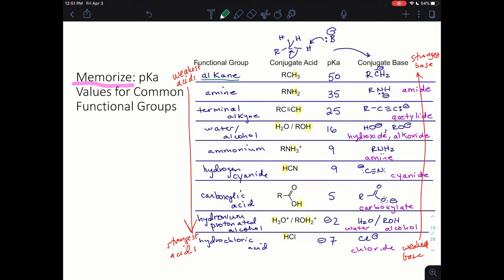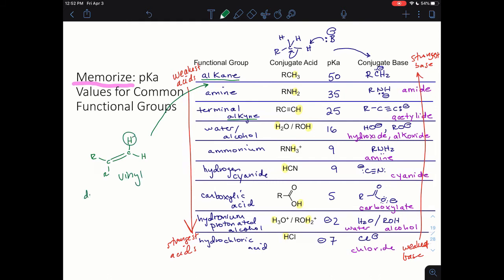If you notice, we have the alkane, we have a terminal alkyne, we don't have alkenes. So alkenes have a pKa pretty similar to alkanes. I'll go ahead and show you that. So we would call these hydrogens that I'm drawing in right now vinyl hydrogens.